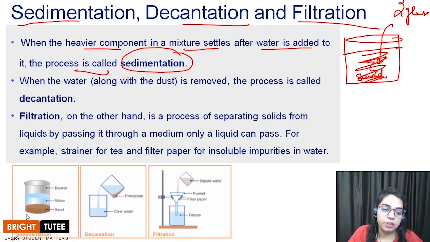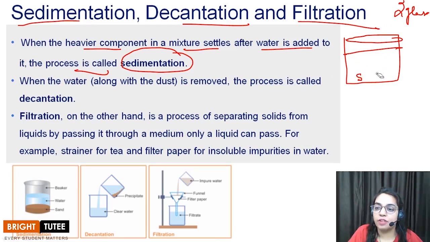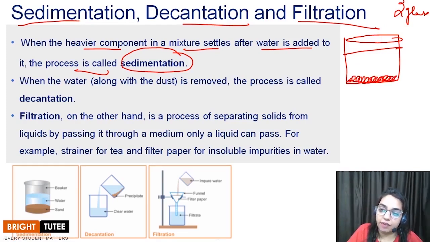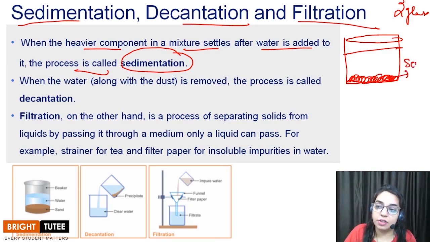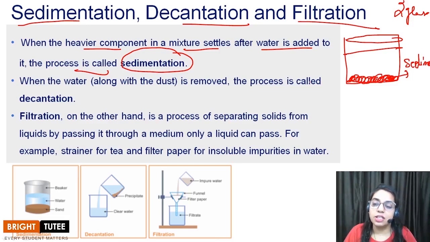After some time, even if you mix it really well, you will observe that sand settles down at the bottom. Okay children, and this is because the sand is heavier and it does not mix with water. So children, the component which settles down at the bottom is known as sediment. So sand is the sediment here.